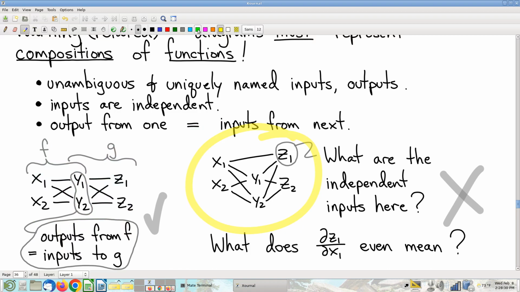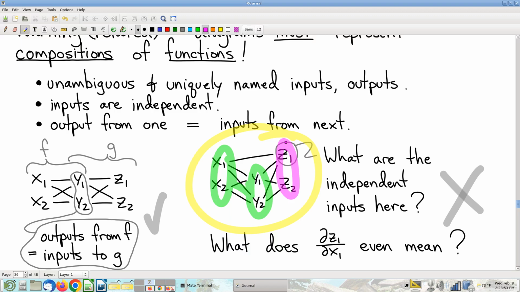I suppose you could kind of say these variables are functions of those variables. But then look at the problem I end up with. What are these variables functions of? The z's, z1 and z2, they're not just functions of the y's.